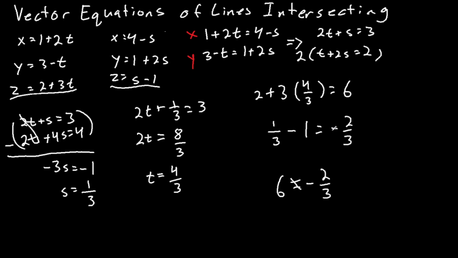This was a video explaining how to solve for the point where two lines in 3 dimensions are intersecting. First thing we did, a little quick recap, was solve for a system of equations with the x and y values first. Assume that the x and y values are equal to each other, and then once we set them equal to each other, we got equations like this.